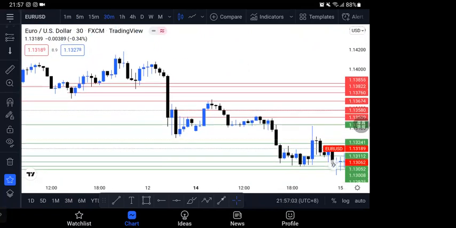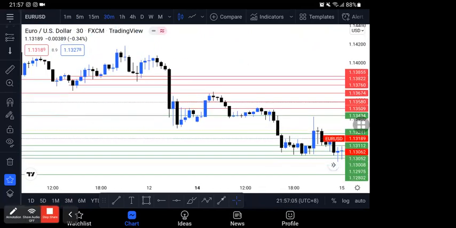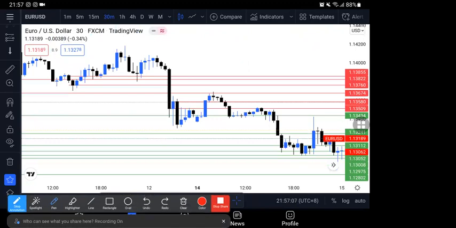Okay, just like I told you just now, let's pretend that the current price is at this area. At that moment, the current price is at this area. So we just mark the available key level, which is this one, this one, this one, this one.